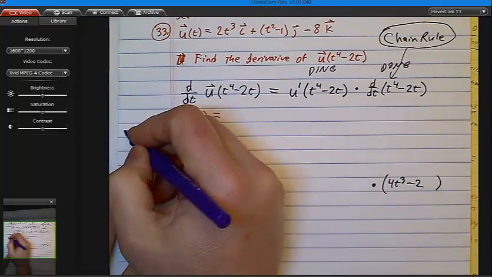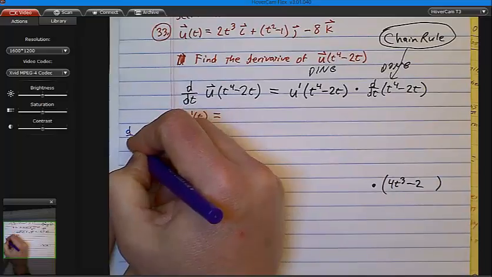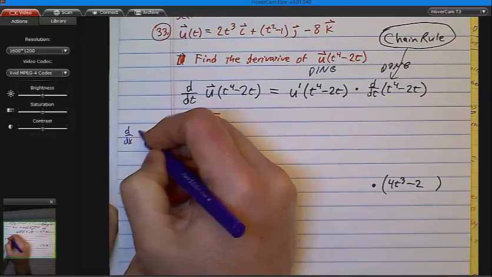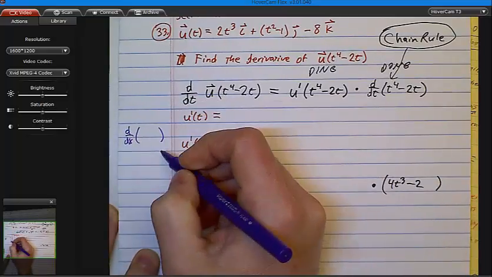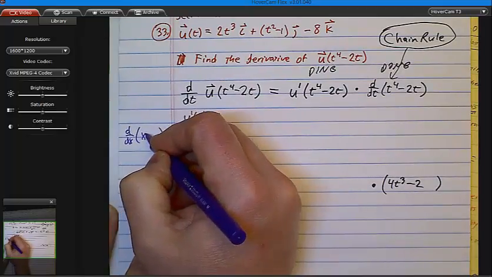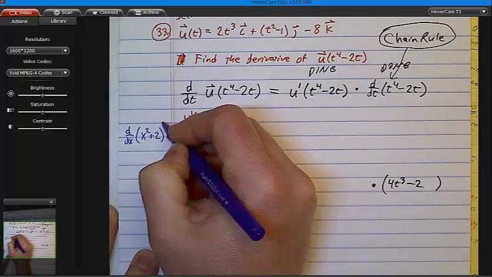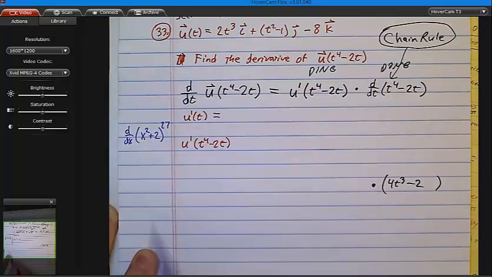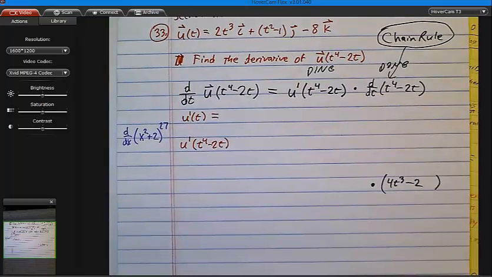Suppose I said, find the derivative d dx of x squared plus 2 to the 27th power. Now, this is a pretty easy problem using the chain rule. 27 times x squared plus 2 to the 26th times 2x.